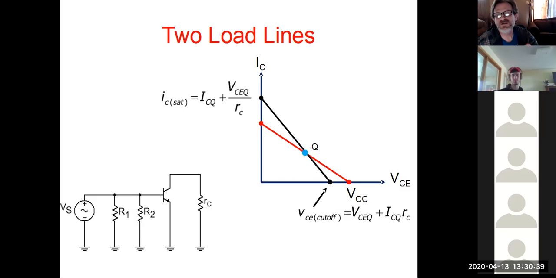All we're using here is Ohm's law. So we calculate out what our IC saturation is at this point, draw the point on the IC side, find our VCE for AC cutoff, draw that point, and draw a line in between. Notice where it crosses over from the AC to the DC, and that becomes our ideal Q point.